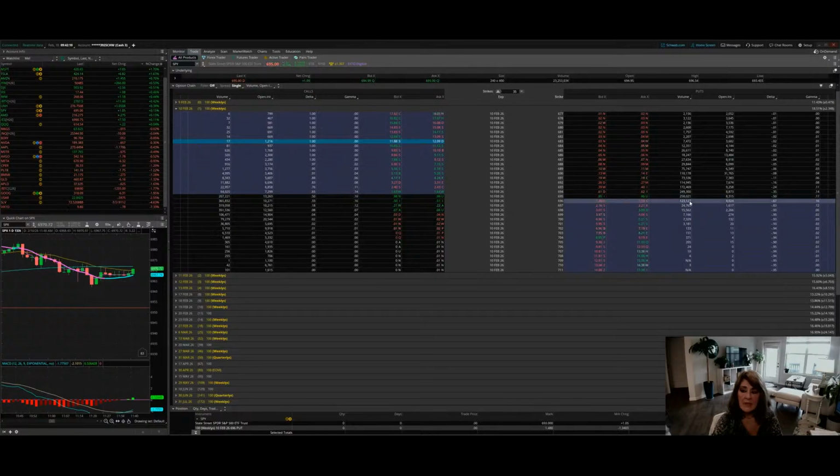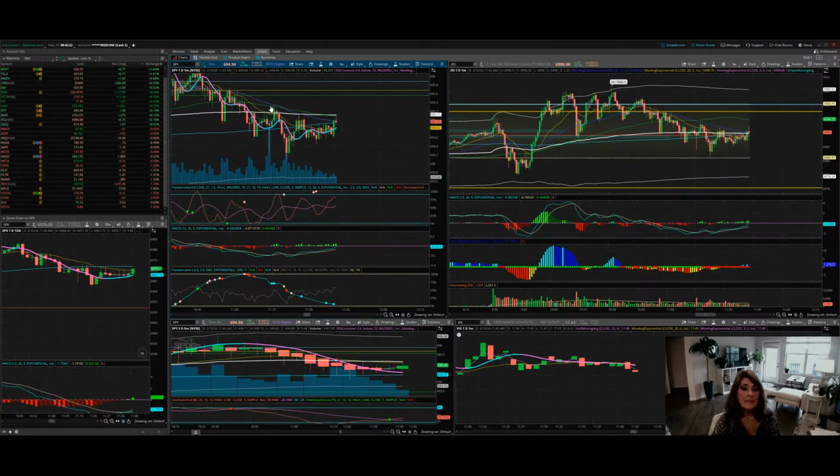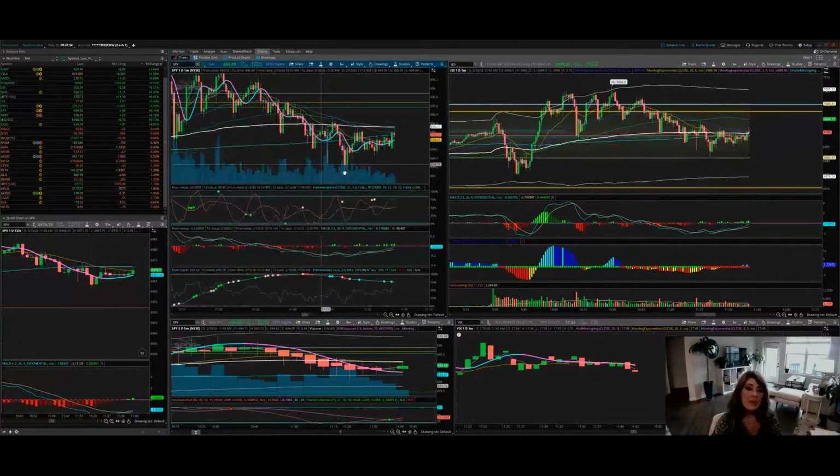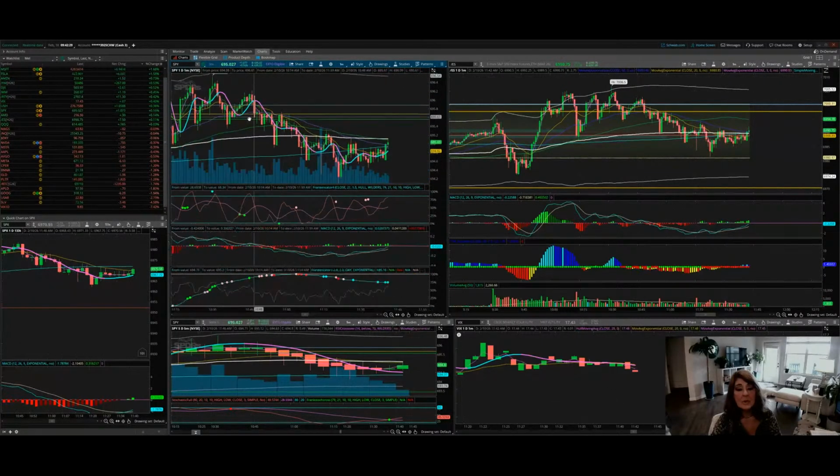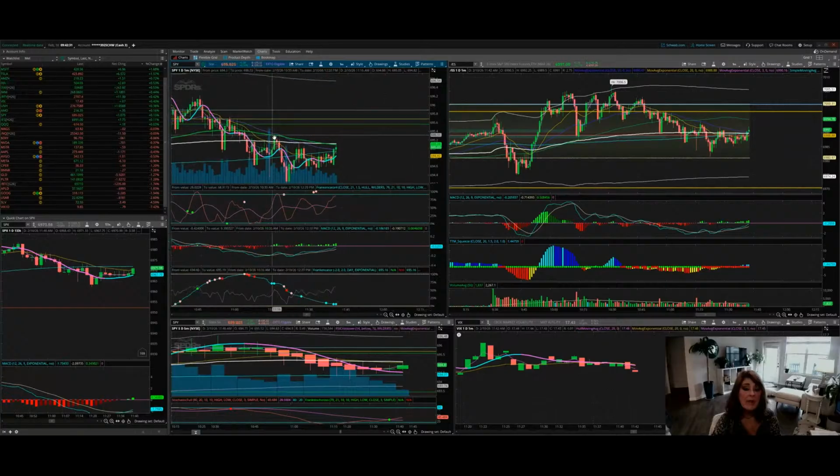So kind of right here on the put side, but on the call side, we do have some volume overhead there at 698. So something to be aware of. And what's the highest we've hit today? 696.5. So 698 is a good bit above us if it turns and wants to run.